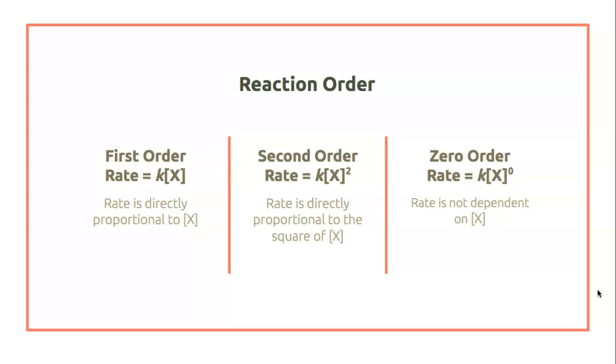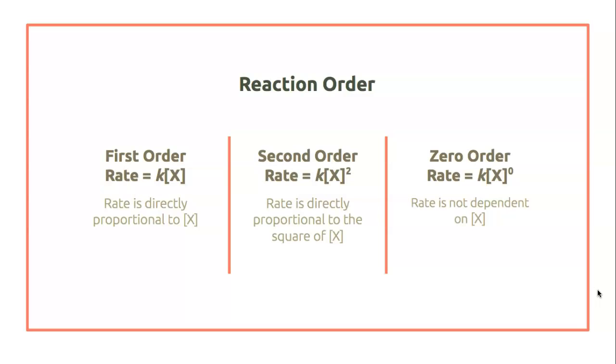In a second order reaction, the rate is directly proportional to the square of X. Mathematically, that makes a lot of sense based on our rate law formula, but it's going to affect the rate of the reaction more greatly.